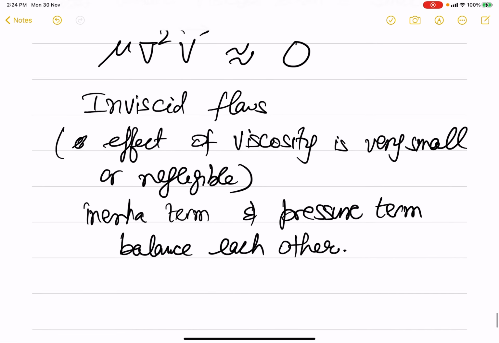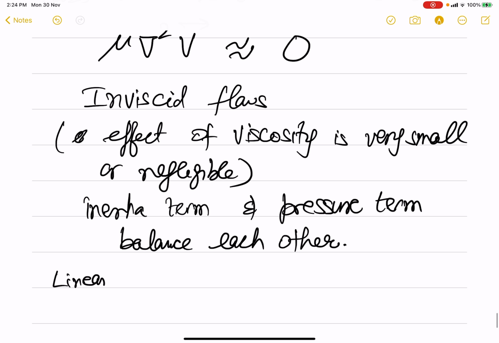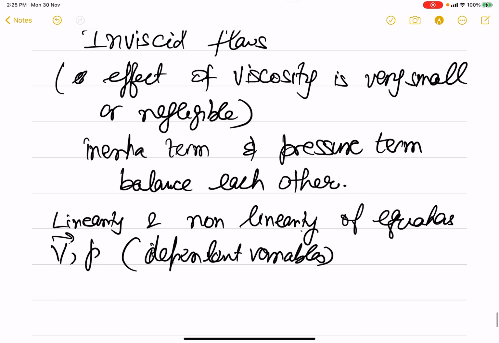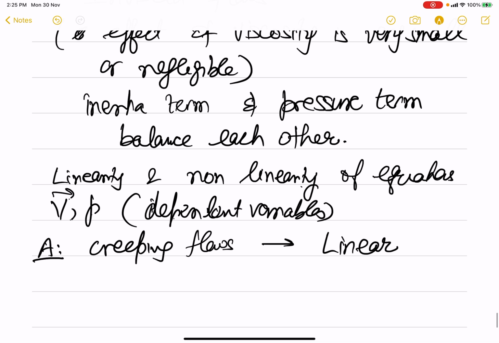Now in terms of linearity and non-linearity of equations, what do we see? If we look at velocity and pressure together as our dependent variables, then what we will find is in flows of type A, which are creeping flows, the equations will be linear because the non-linear terms, the acceleration, is being neglected.